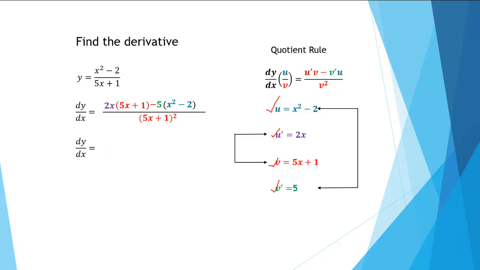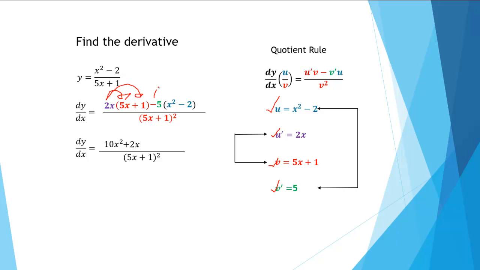Now we'll simplify the numerator. We'll remove the parentheses. We'll distribute 2x in our first term. So we have 2x times 5x, which is 10x squared. But the first thing we'll do is we'll write out our denominator squared. Now we'll write out 10x squared. We'll multiply 2x times 1, which gives us 2x.